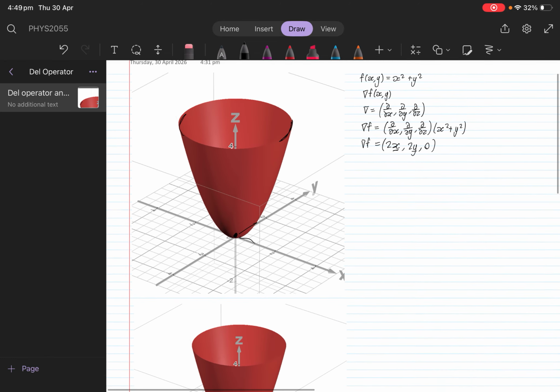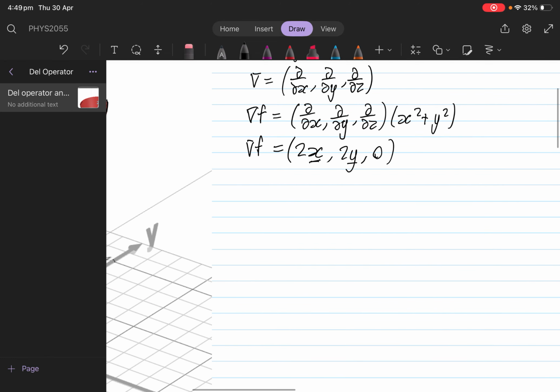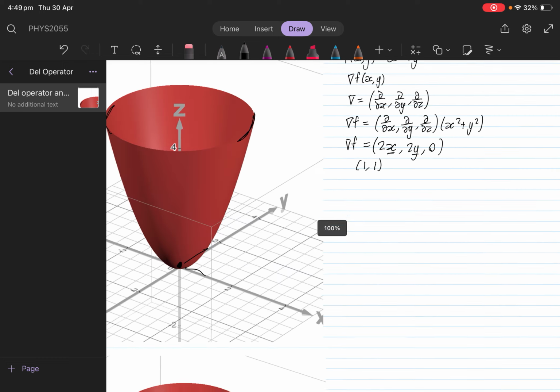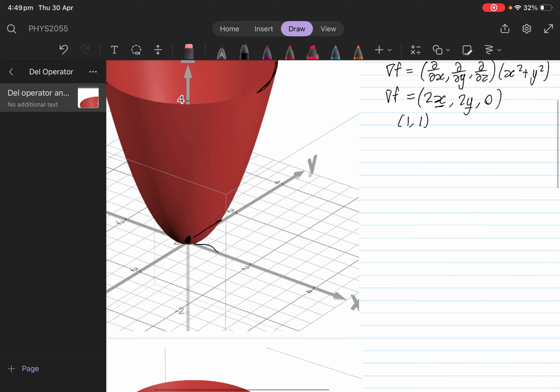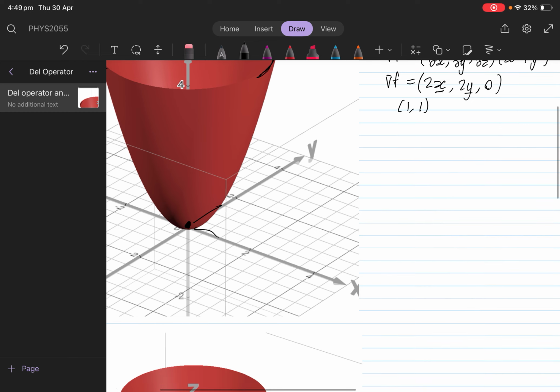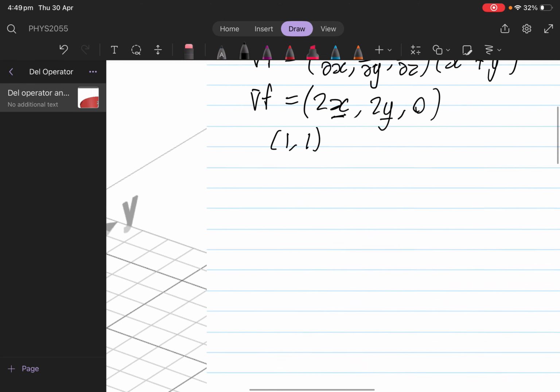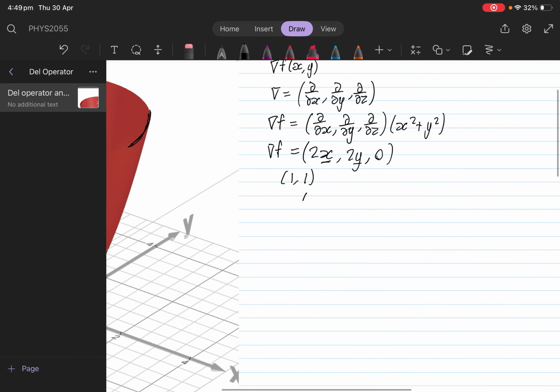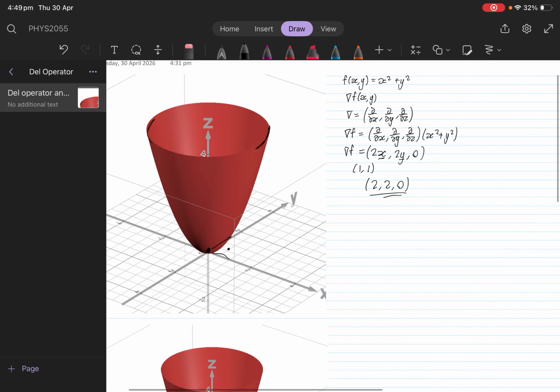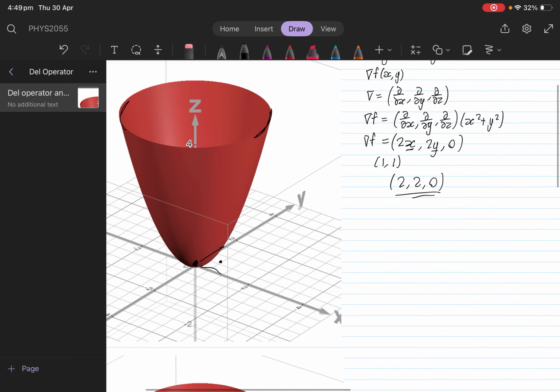So if I just plug in a point here, we might go x is equal to 1, y is equal to 1. In this case, that would be right about here. And we sub that in, we would get 2, 2, 0. So this is the vector that points to the steepest increase.